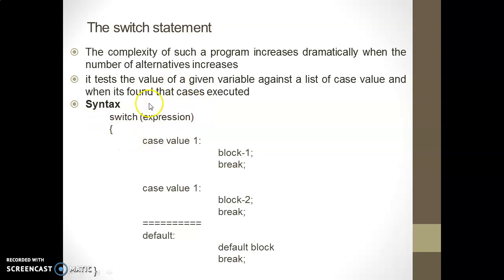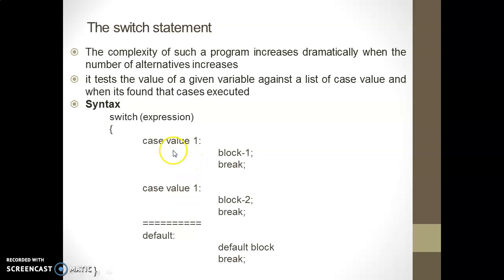Based on the choice, a particular block is executed. So we provide the expression over here. It has multiple values and based on the value we execute a particular block. Once a value matches, the block is executed and the switch breaks. It means further cases are not even checked.